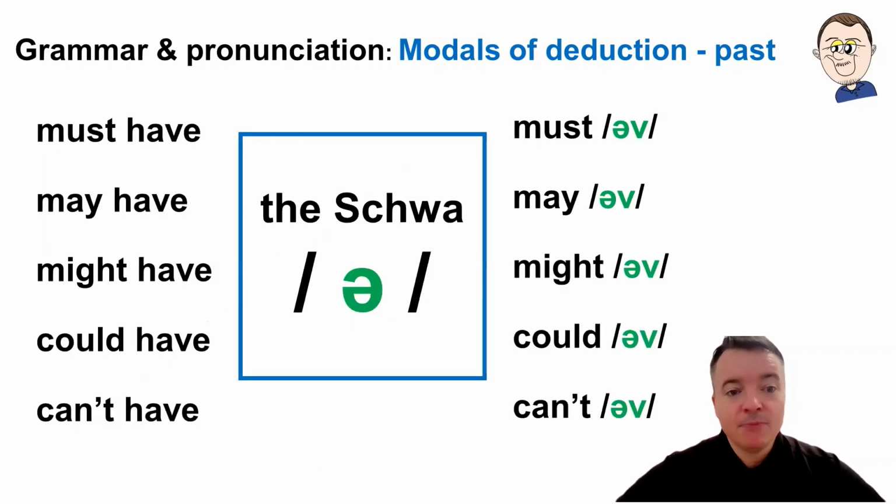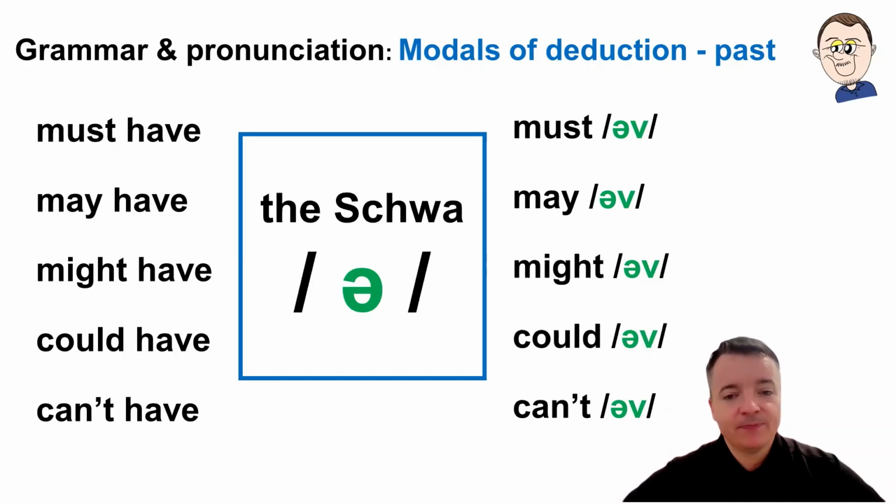So for example, must have becomes must have, may have, might have, could have, can't have. Check the link at the top if you want to practice the weak form of have. But today we're looking at modals of deduction.